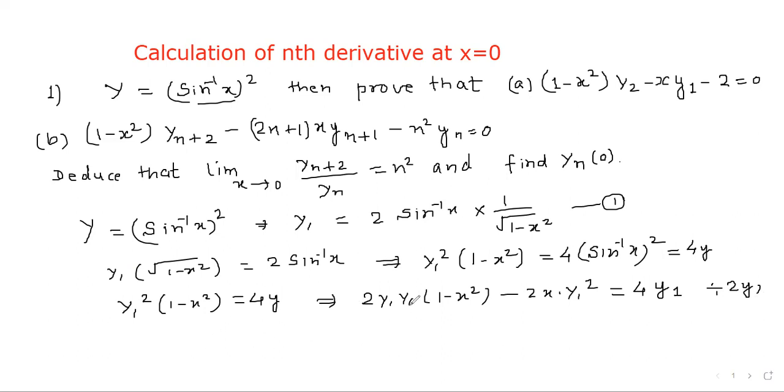We will get y2 times (1 minus x square) minus x y1 equal to 2. So this is part 1, because it was to prove that (1 minus x square) y2 minus x y1 minus 2 equal to 0. So we have got this result.